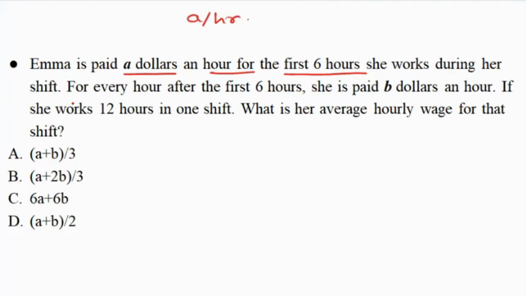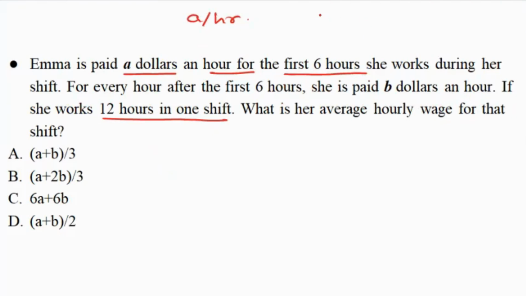Now for every hour after the first 6 hours, she is getting B dollars. Now if she works for 12 hours in one shift, okay, she is working for 12 hours.